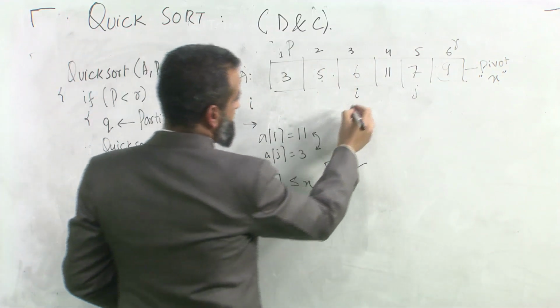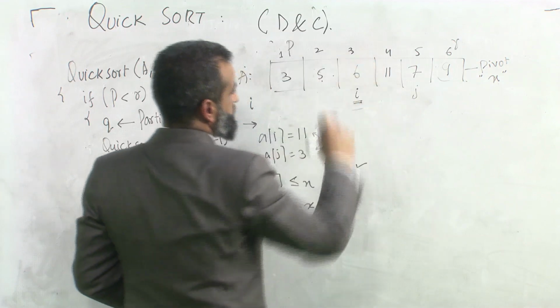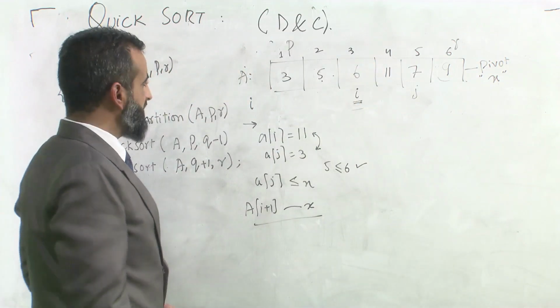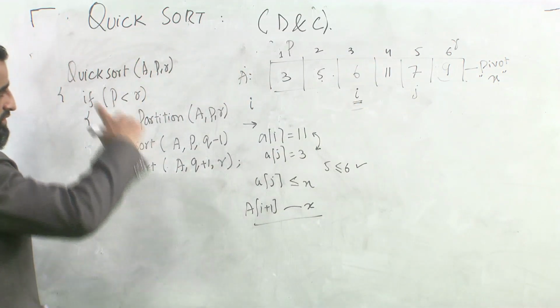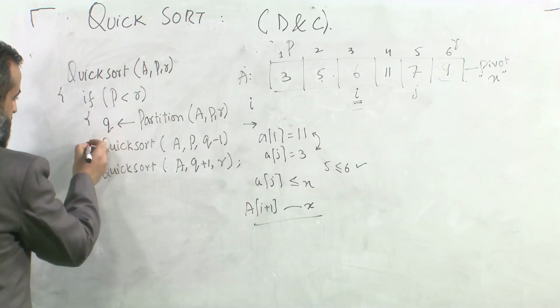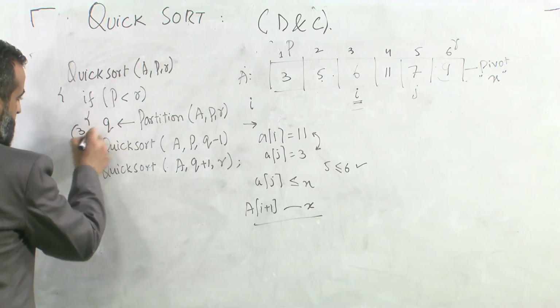Remember, this I is pointing towards index 3. So after the completion of the first pass, we get the value 3.